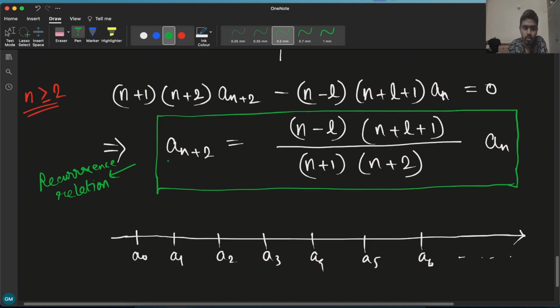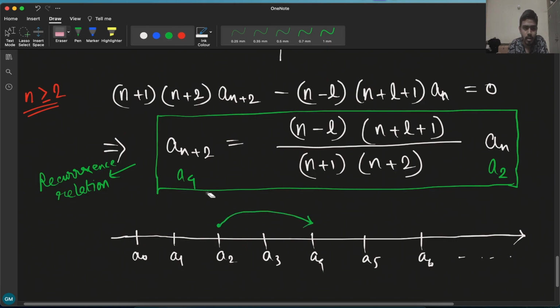So if I put n equals to 2, then this term is a2 and this term is a4. So what it says basically is if I know a2, then this recurrence relation will give me a4.